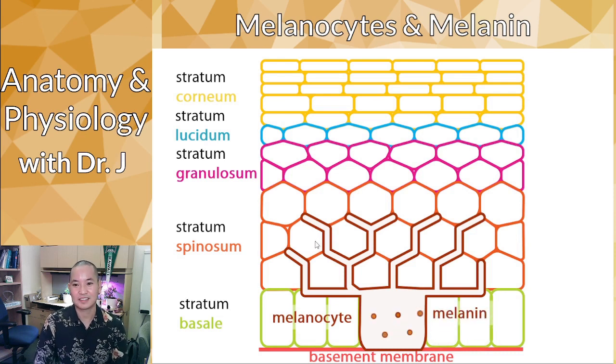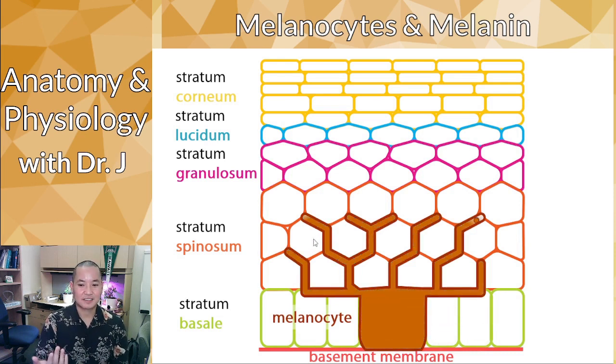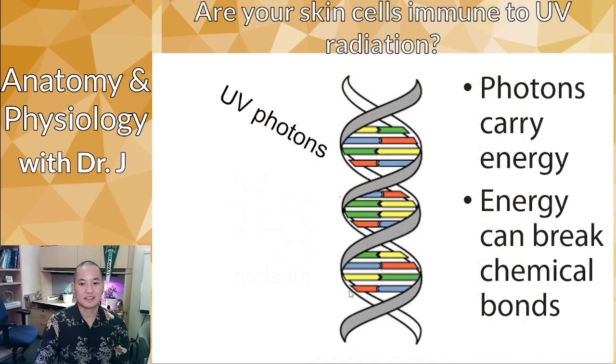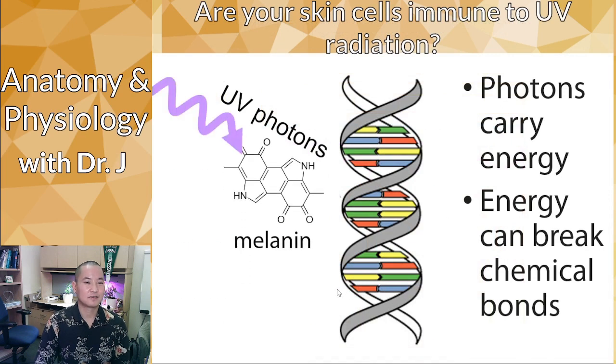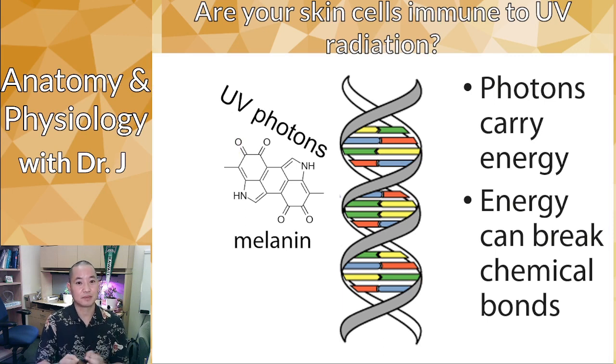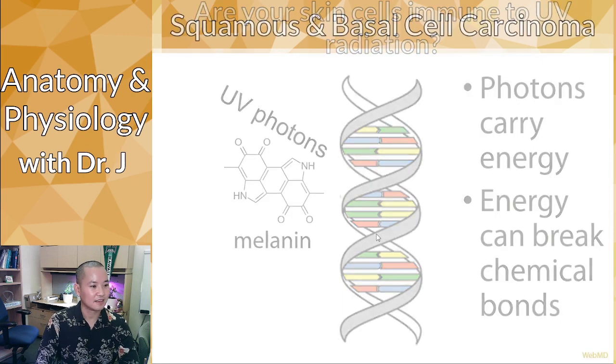So we have those melanocytes, they produce the compound melanin. And remember that melanin is a chemical, it has bonds, but the melanin produced by melanocytes helps to absorb the energy from the ultraviolet light and protect your DNA and things like collagen and elastin from UV light breaking the bonds in these chemicals that you need for your skin and your cells.